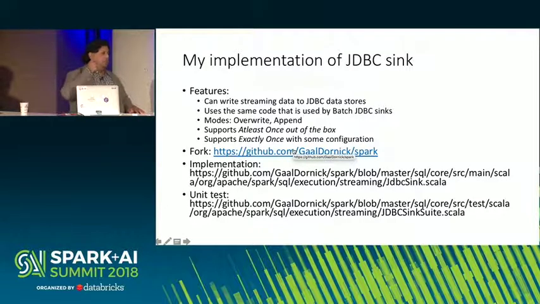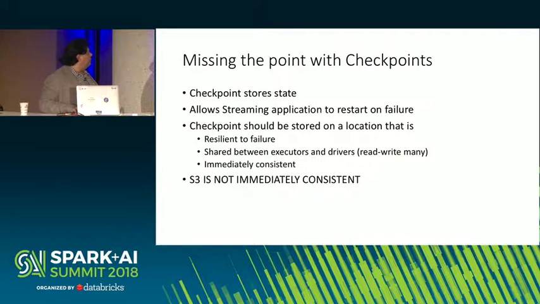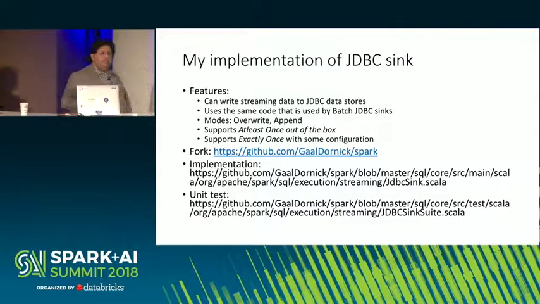Basically, when you want to write to JDBC, you say spark.write.format JDBC, and as long as you have the sink in your class path, you will be able to write to JDBC. Internally, it uses the same code as your batch JDBC sink, so it should give you the same performance.